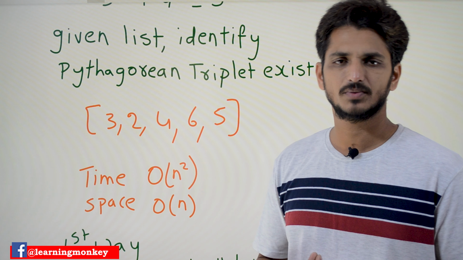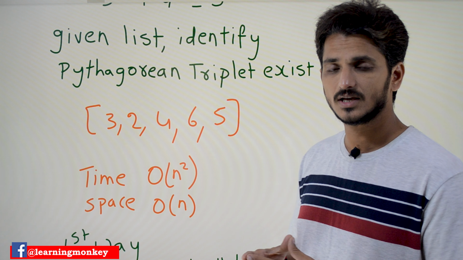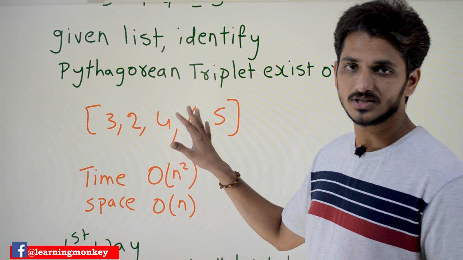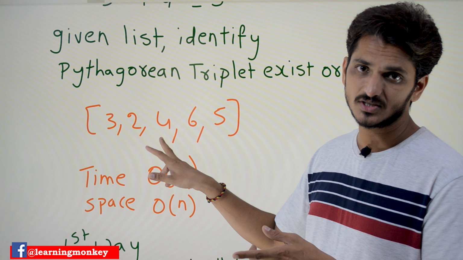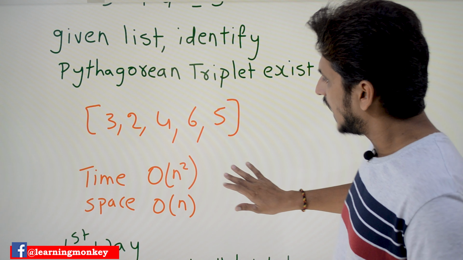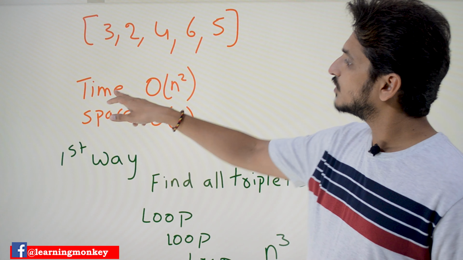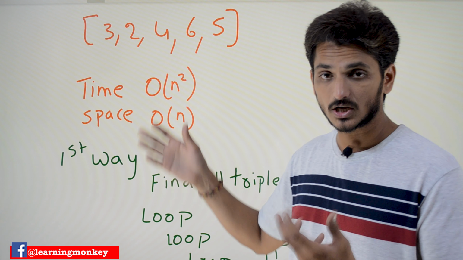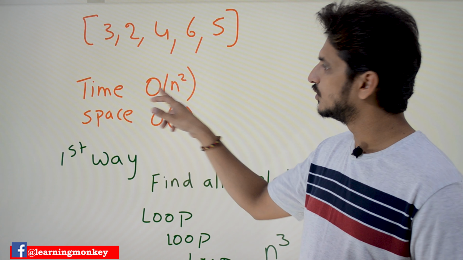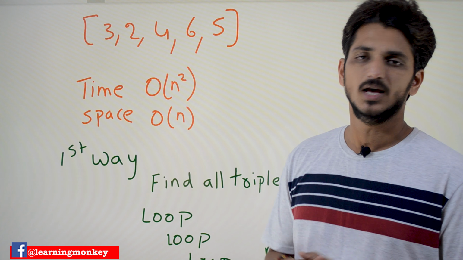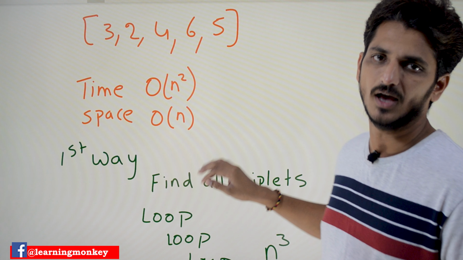Yes, a Pythagoras triplet exists, so our output is yes. If no such triplet exists, then we display no. They also ask that the time complexity of the code should be big O of n square, and the space complexity should be big O of n. This is what we need to maintain.